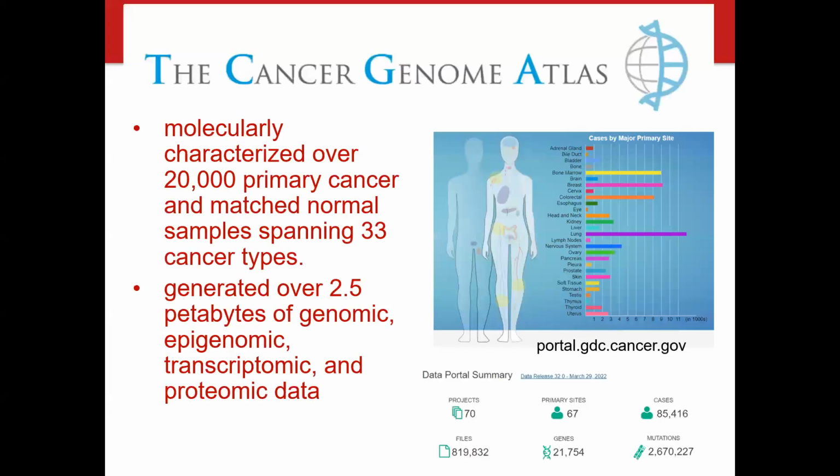Okay, so the last database we're going to look at today is TCGA. This is the Cancer Genome Atlas. They've characterized over 20,000 cancer and normal samples spanning 33 cancer types.